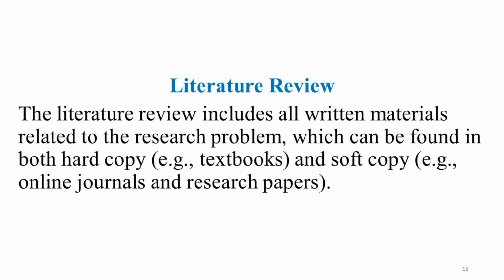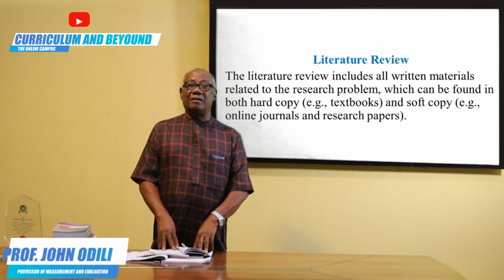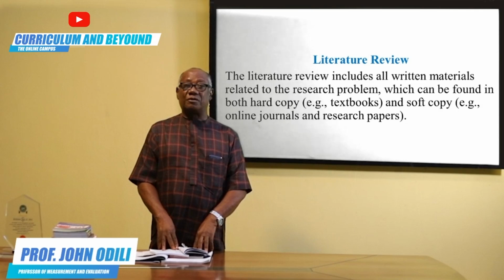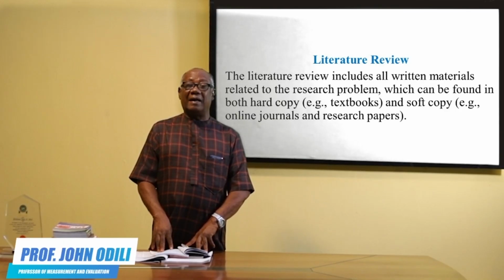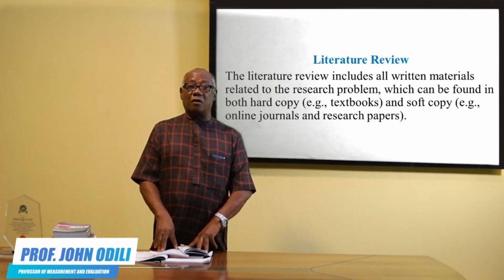Literature, like I said before now, is everything that is written down concerning the problem you are investigating. Now, literature exists oftentimes in two forms. They exist in print forms and in soft copies.